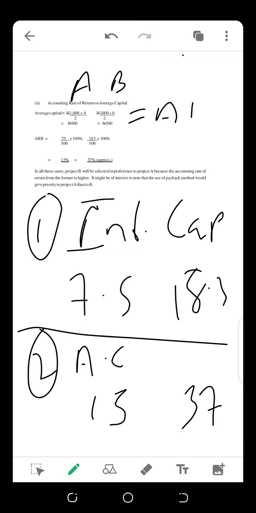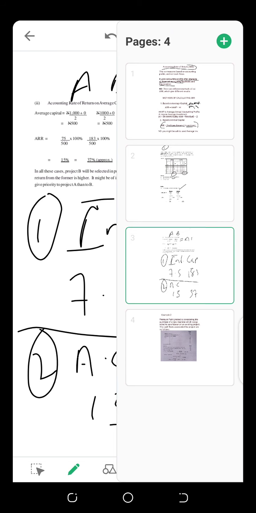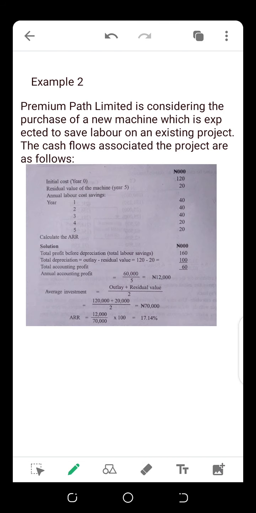So let's take another example of this nature. This might just require you doing some little workings. Now, example 2.